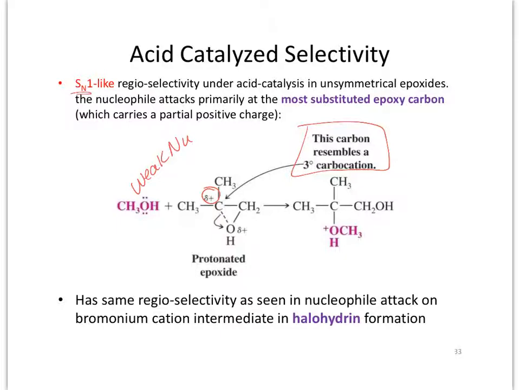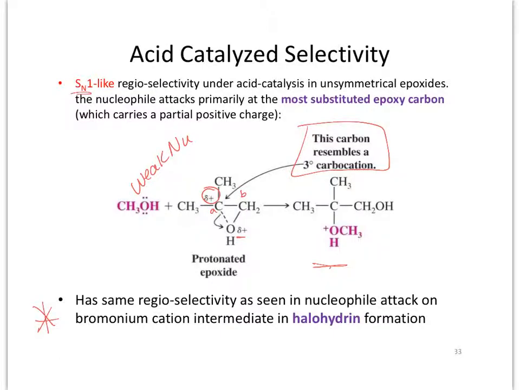If I have to put the positive charge somewhere and I have a choice between A and B, I would choose to put the positive charge on A because it handles it better. And the nucleophile senses that. The nucleophile coming up to the molecule sees which carbon is more positive, and that's the one it wants to attack. So it would attack A, and we would get the intermediate that looks like this, keeping in mind I would have to deprotonate to get to my final product.